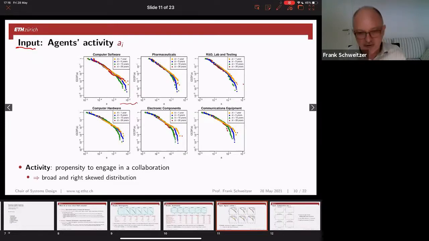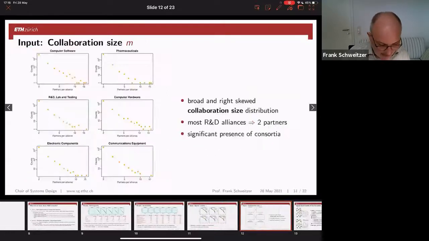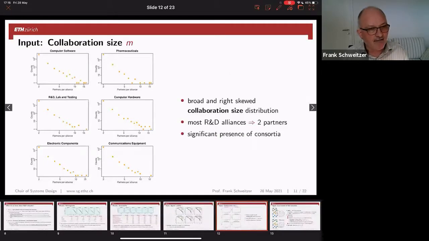And we use this information about how many collaborations a firm has in a given time interval later for our simulations. The second measure that we evaluated is the size of the collaboration. The size of the collaboration means how many firms collaborate together. I collaborate with you, and you collaborate with another firm, and this firm also collaborates with me. So we have a small cluster of 3 firms that collaborate. And here we measure this collaboration size.